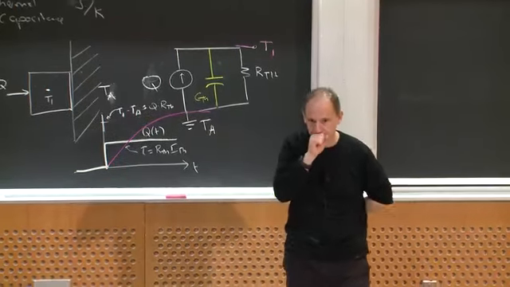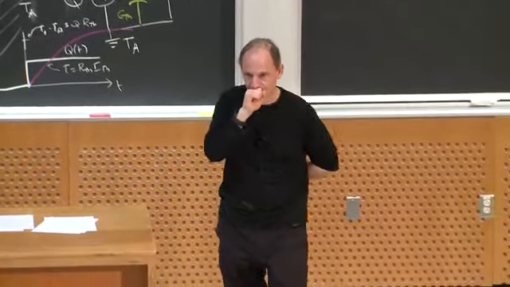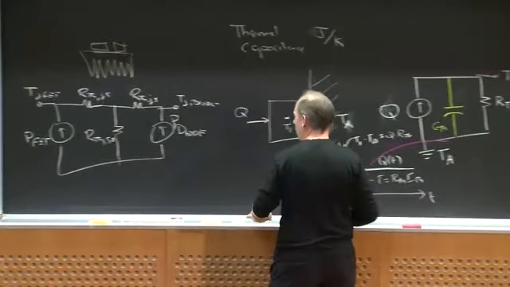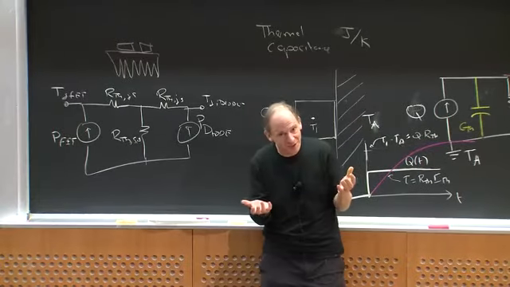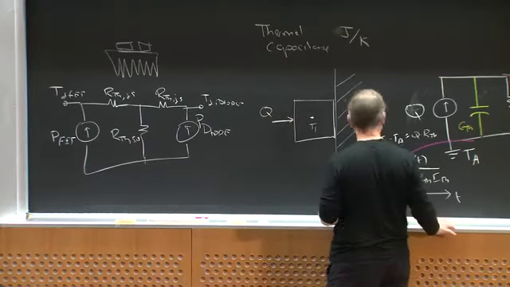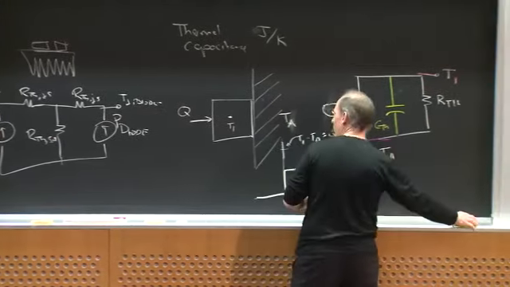So in this case where we have multiple devices, how would we insert the thermal capacitances? Well, if I was talking about the thermal capacitance of the device, I would put that right here.